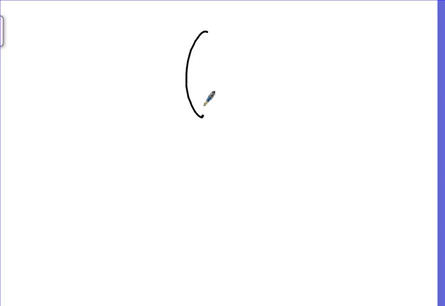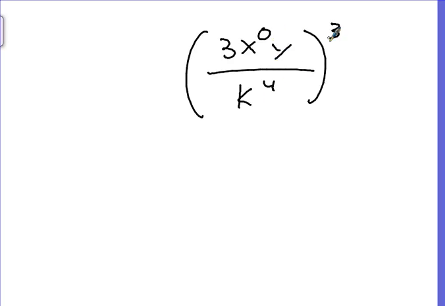All right, so one more. What about this? X is 1, 3 to the 3rd, or 27. What happens to this x? X to the 0 is nothing, right?